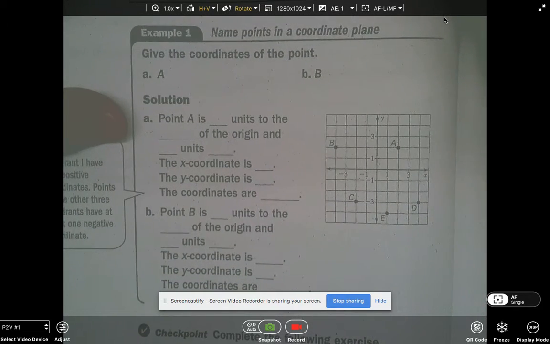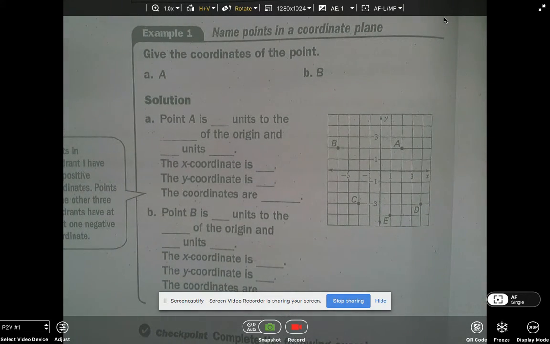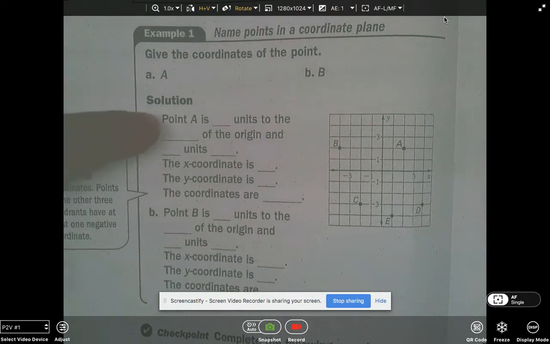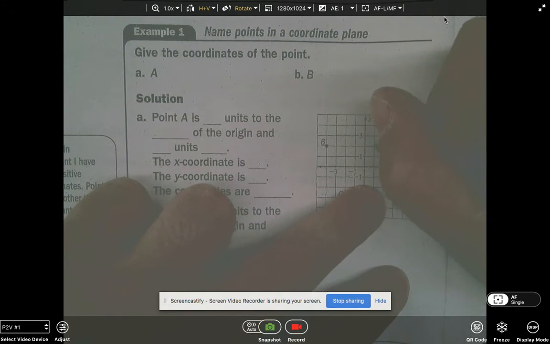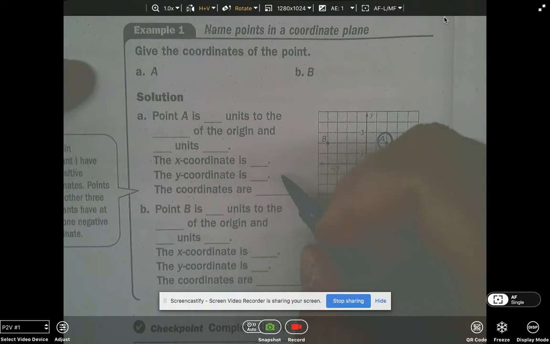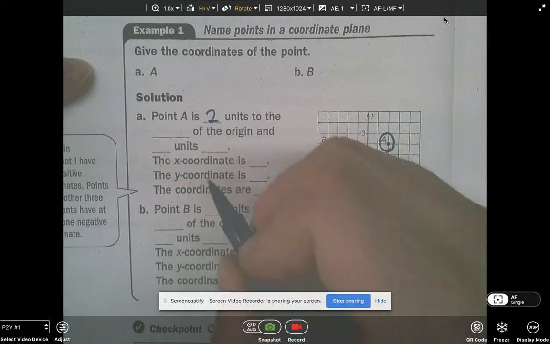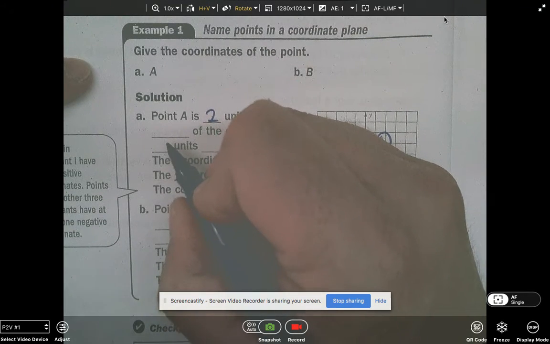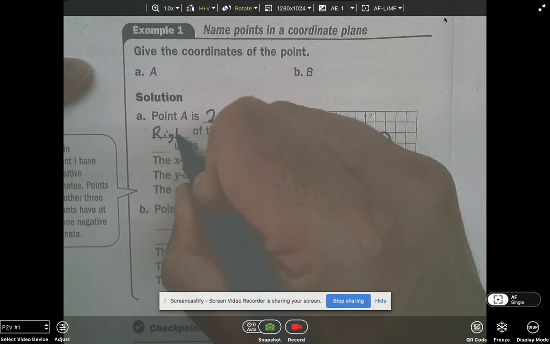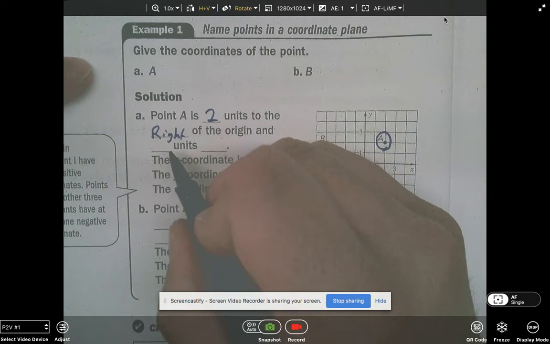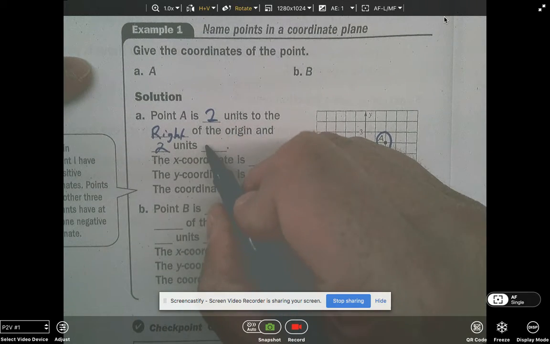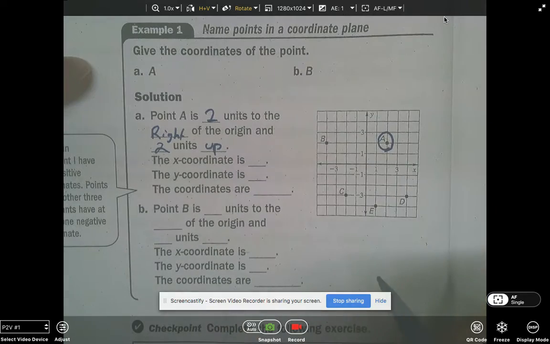The first thing we're going to do in example 1 is learn how to just name the coordinates in the plane. If you look here, this first coordinate that we're looking at, A, is just 2 units to the right of the origin and 2 units up from the origin.